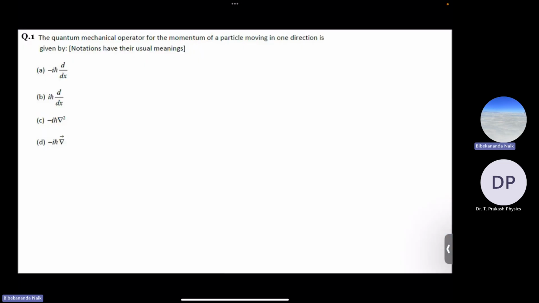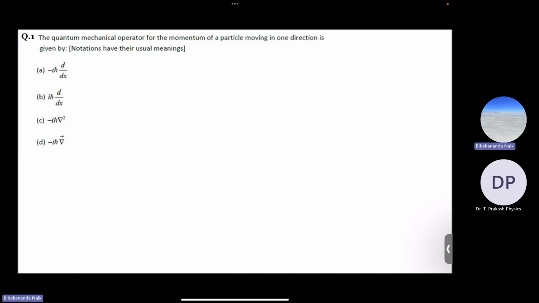The first question is: the quantum mechanical operator for the momentum of a particle moving in one direction is given by, notations have their usual meanings. Option A is minus i h cross d by dx. Option B is i h cross d by dx. Option C is minus i h cross del square.